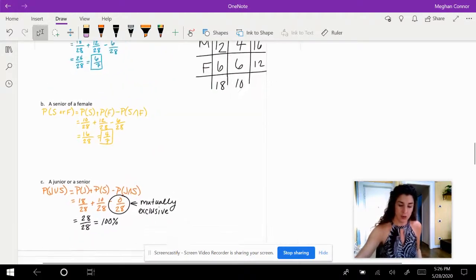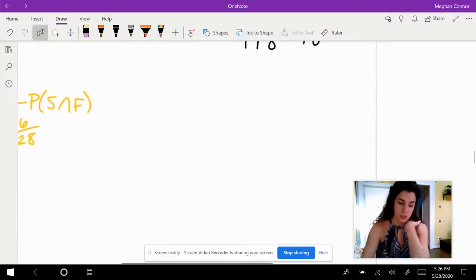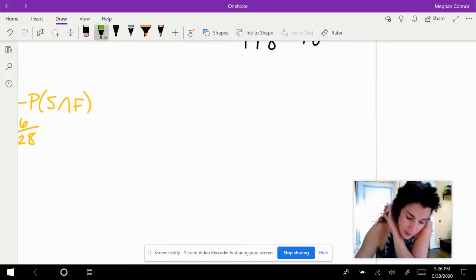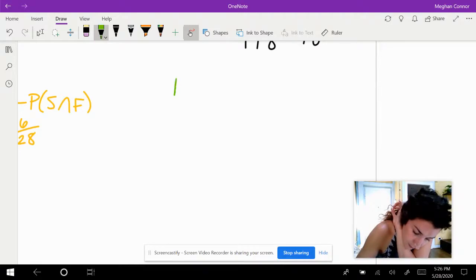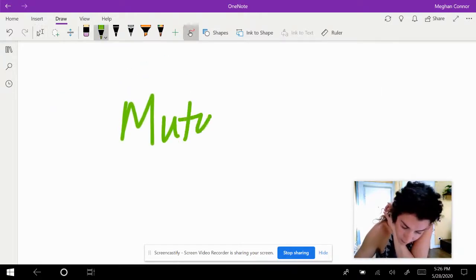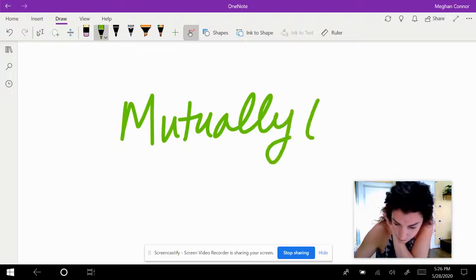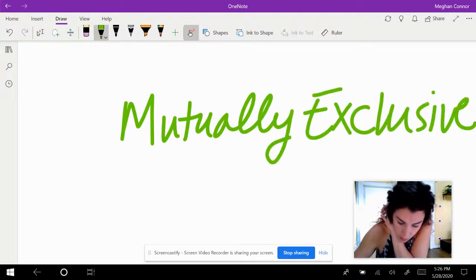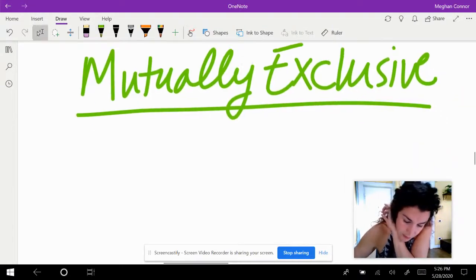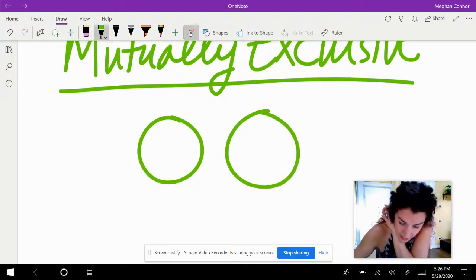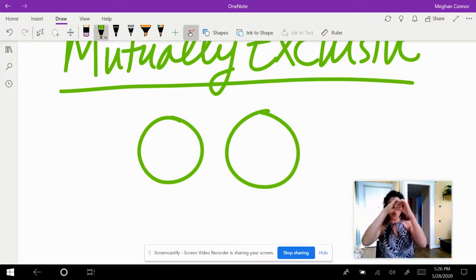And the visual that I like to use with understanding the difference here: mutually exclusive events are a Venn diagram where nothing intersects. There is no common ground between the two separate events.